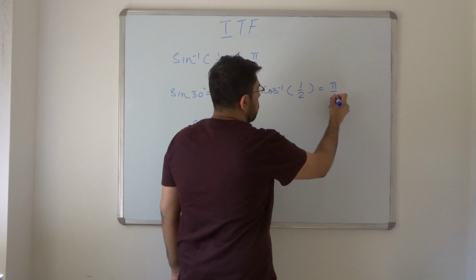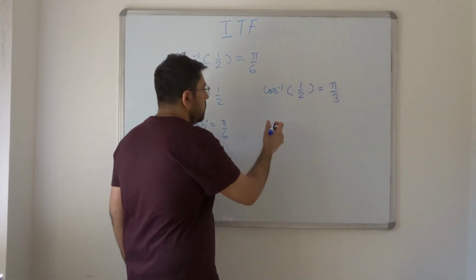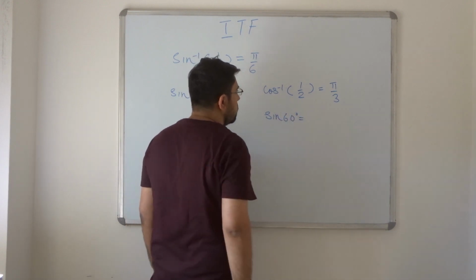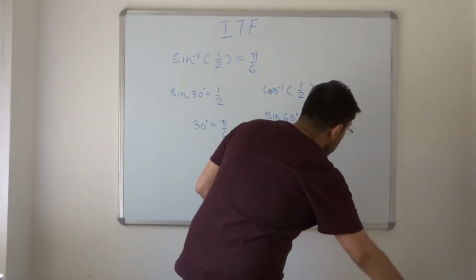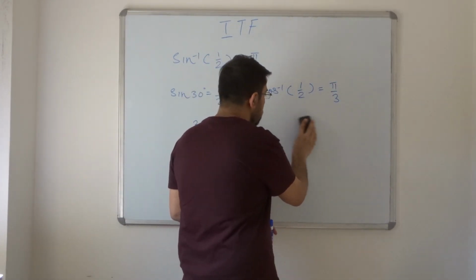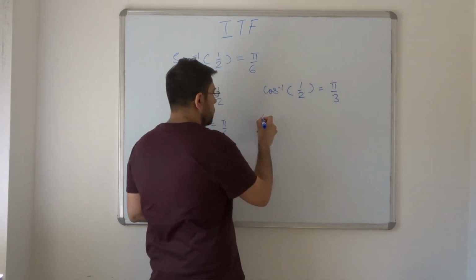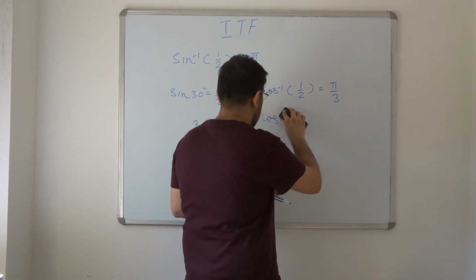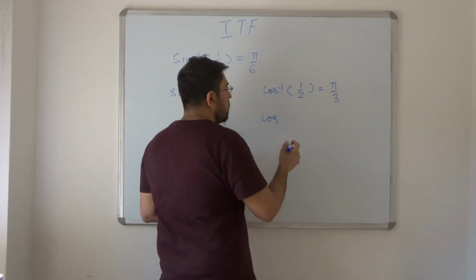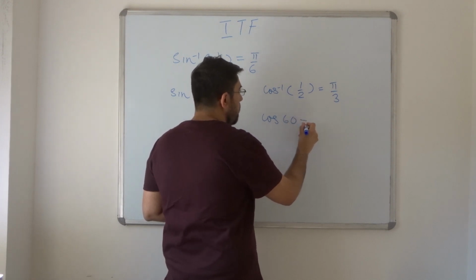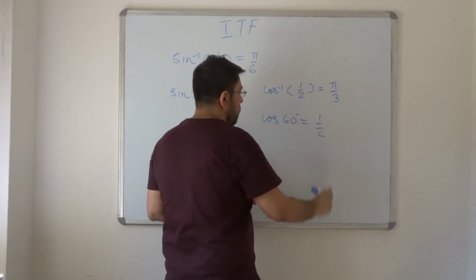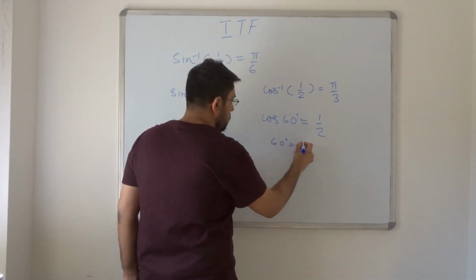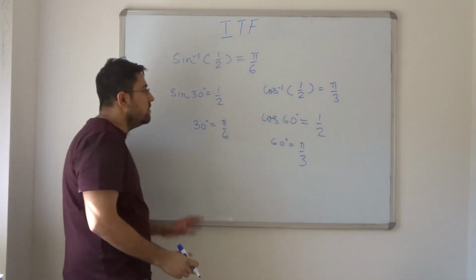This is pi upon 3, because we already know, guys, that cos 60 is a half, and 60 is equal to this.